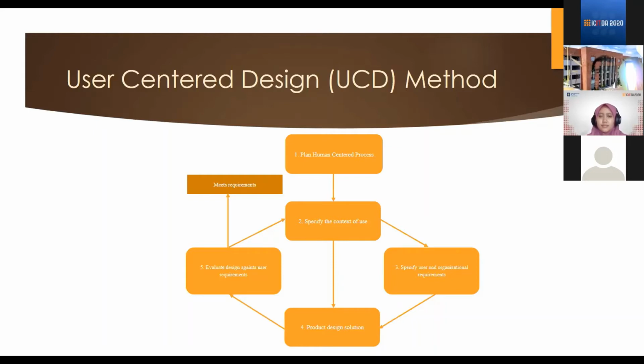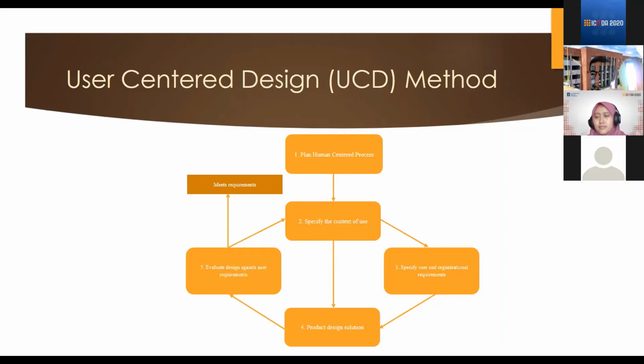Stage 4, product and design solution. This stage is the solution design stage, which consists of, first, website design, where we use UML, Unified Modeling Language, and website development, where we use PHP programming and MySQL for the database.